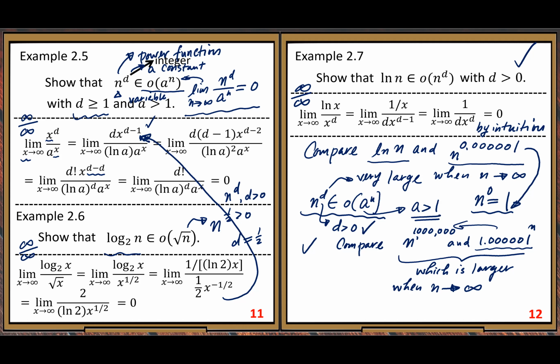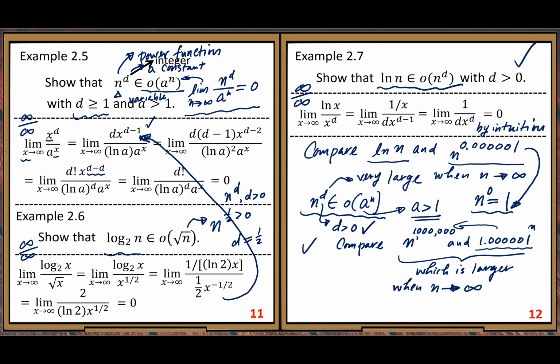But can you take a look at our example 2.7? Example 2.7 tells us the log function cannot compete with the power function n to the d if d is positive. We don't mind how small the d number is, how close it is to 0.